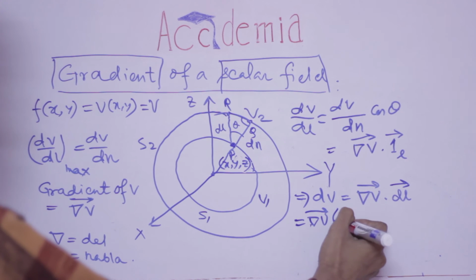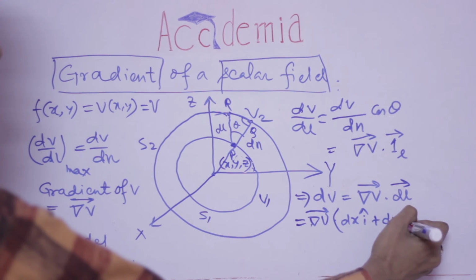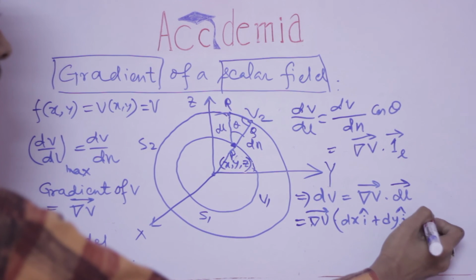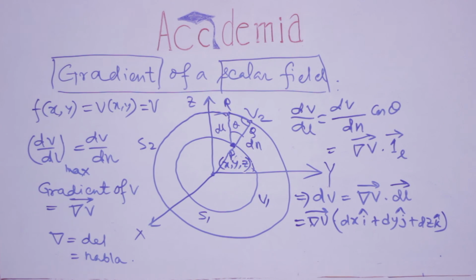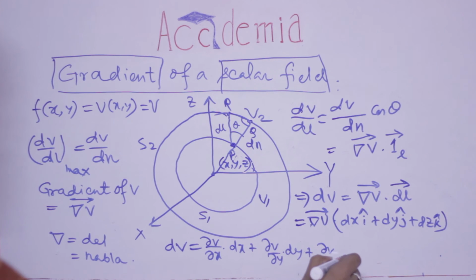Then dl will be dx i plus dy j plus dz k. Now dv can also be written as del v del x into dx plus del v del y into dy plus del v del z into dz.